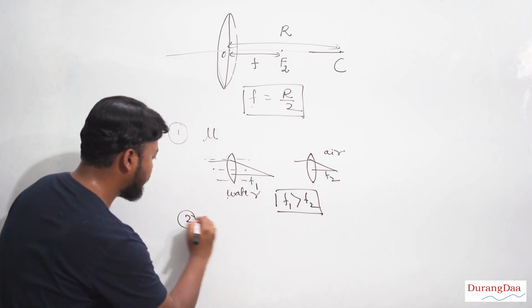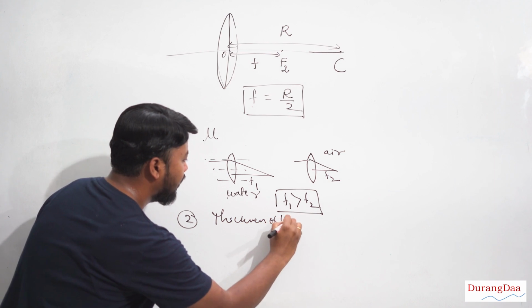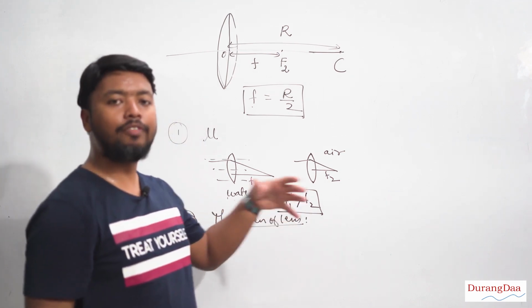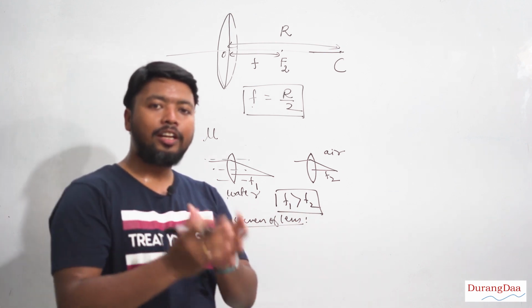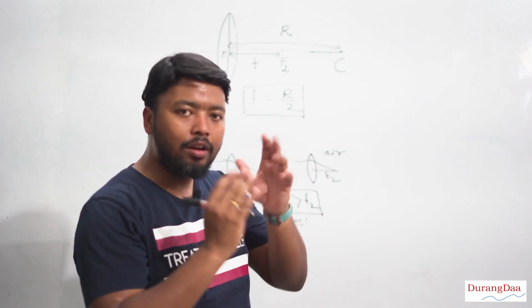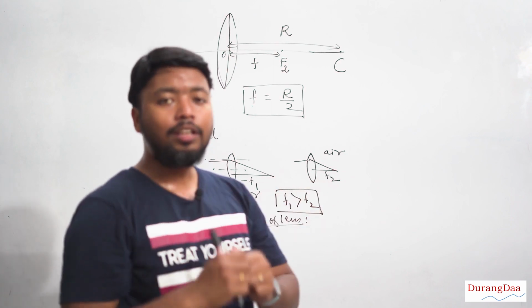Second factor is the thickness of the lens. Now, how does this affect the focal length? Thickness means if you are using a thicker lens, more refraction would be there. If refraction is more, bending of light will be more, and if more bending of light, the focal length will decrease.